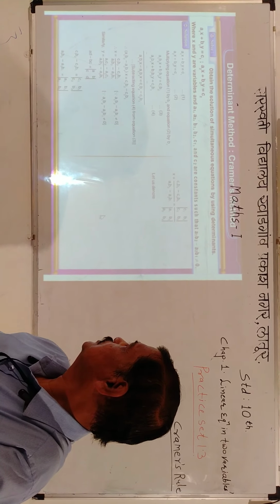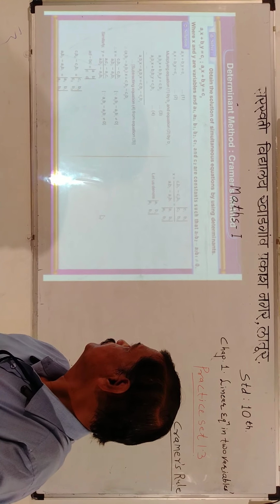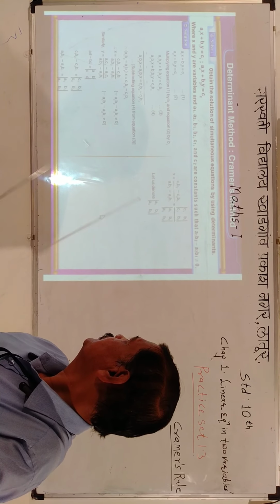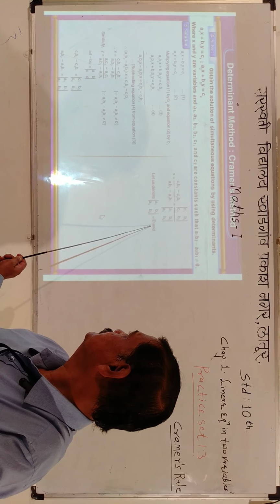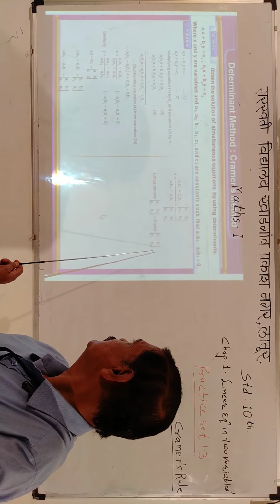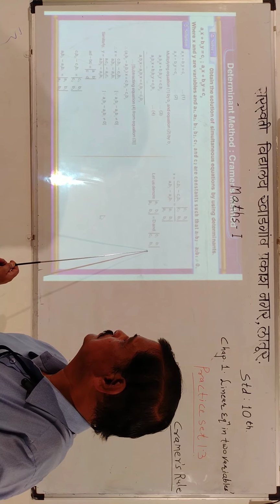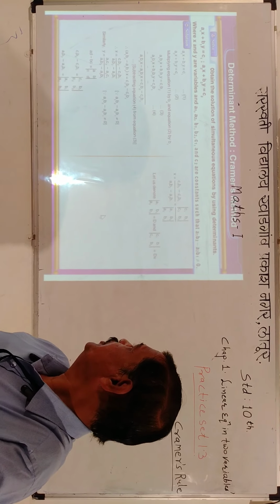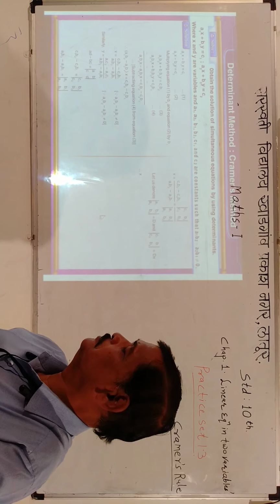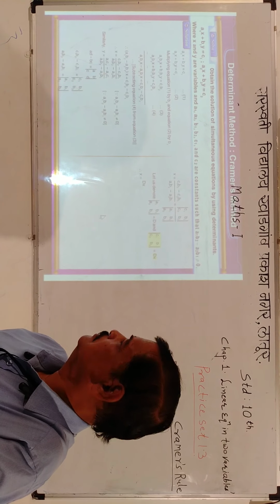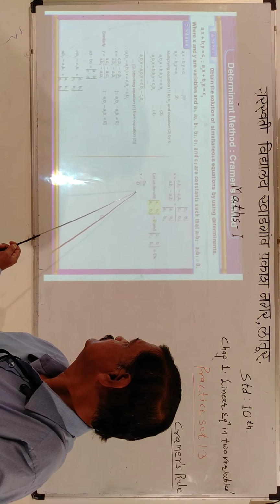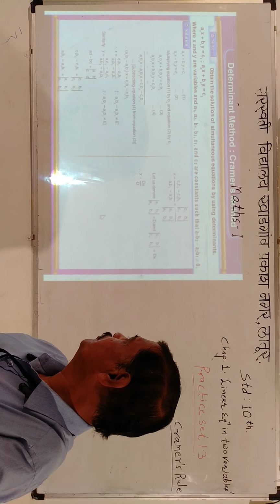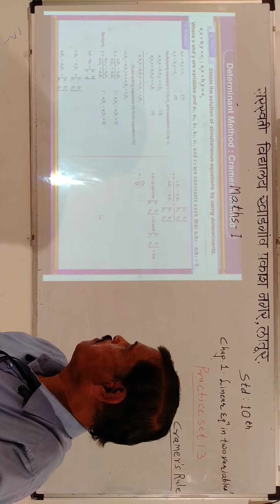Let us denote determinant of A1B1 A2B2 as D and determinant of C1B1 C2B2 as Dx. Therefore, x is Dx upon D. We will now write y in the determinant form.